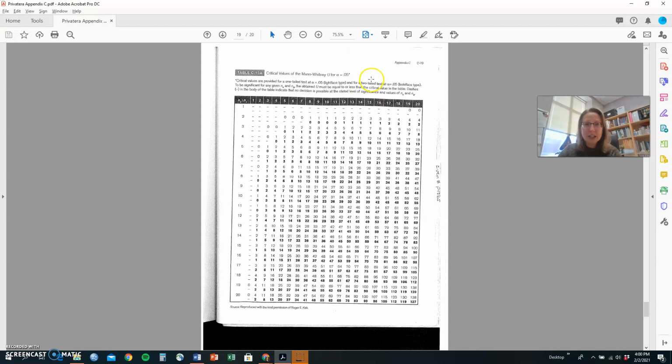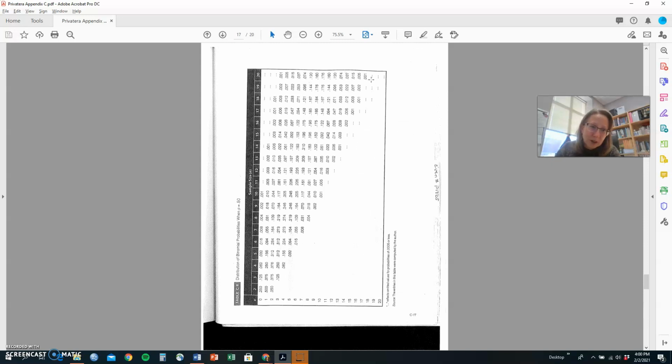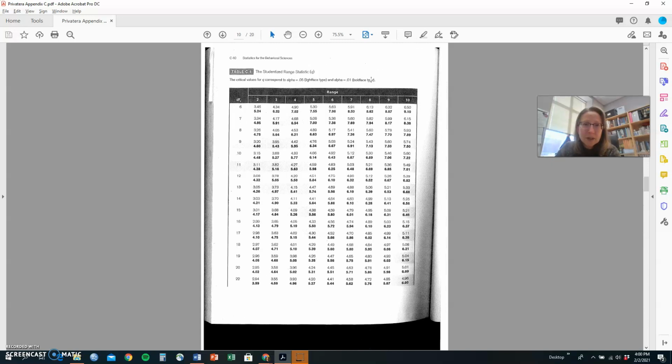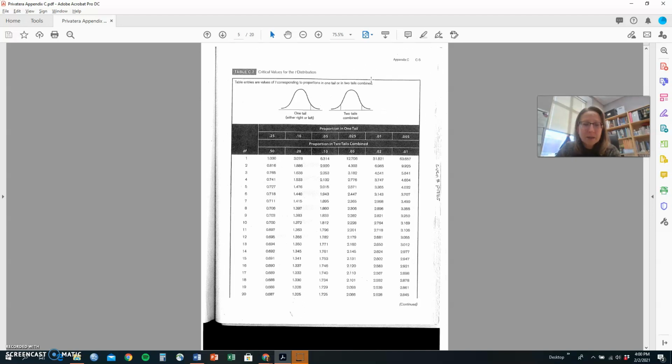That one's not it yet. That one's Mann-Whitney. Where did you go? T-test, t-test, Spearman, Pearson, Q, F. Here we go. Critical values for the t-distribution. In Privateera, it's table C.2.